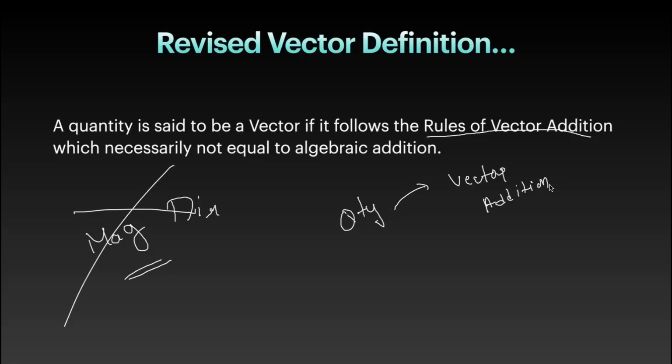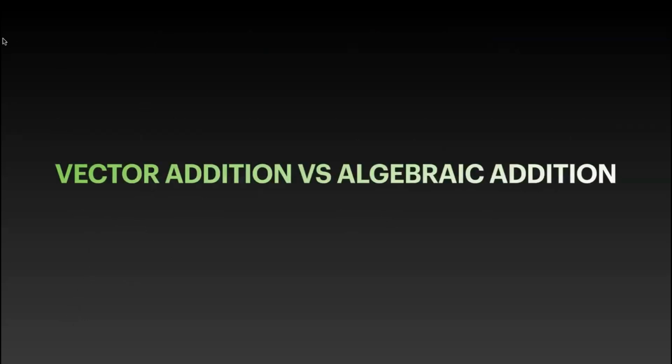If that quantity defies the rules of vector addition, then that quantity will not be a vector. Is this clear? Okay, so I mentioned something called vector addition. We will go into it in detail.